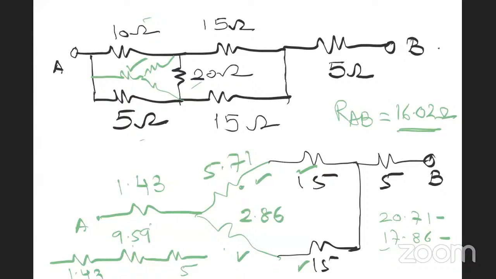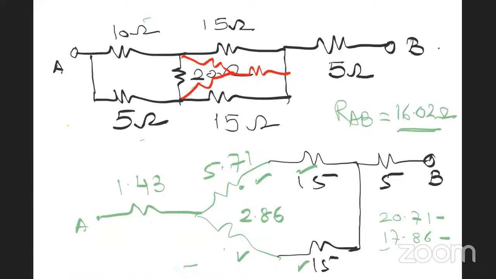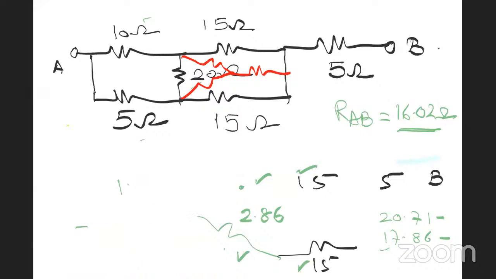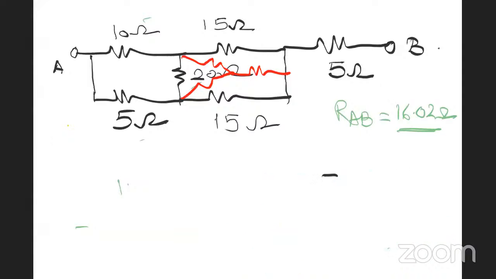Understood? Can I remove it and do this one? If you want, I'll convert this one and show you. So let's say, students, I'll have these three resistances.